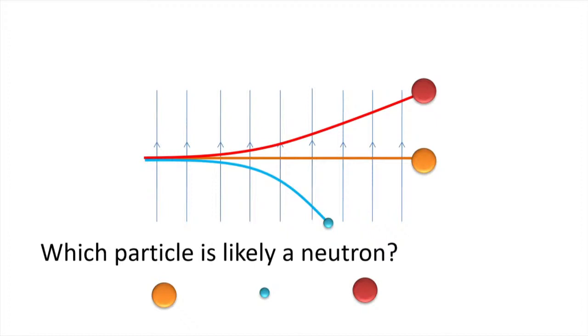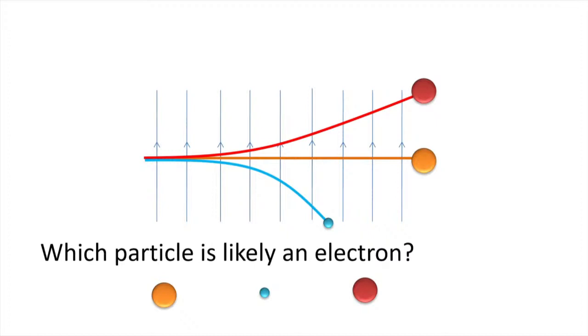And so if it is passing through the field, then it will be unaffected by the field. And so more than likely, the neutron is the orange particle, because it is unaffected by the field.